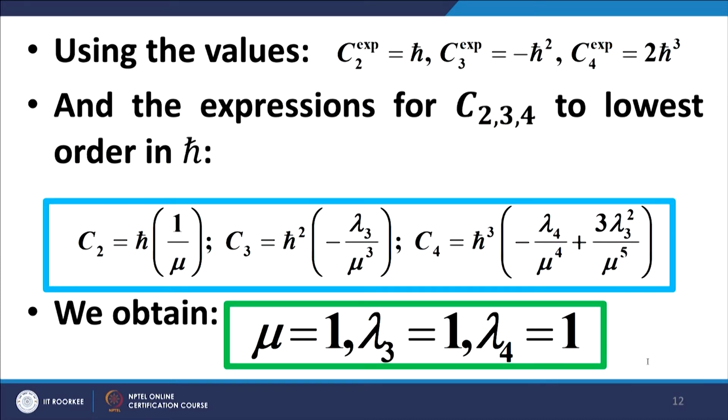Now, using these experimental values and using the expressions for C2, C3 and C4 at lowest level in h bar, what we get is mu is equal to 1, lambda 3 is equal to 1, lambda 4 is equal to 1. This is what we obtain from the equations that are there in your blue box, and we get the results that are there in your green box at the bottom of the slide.